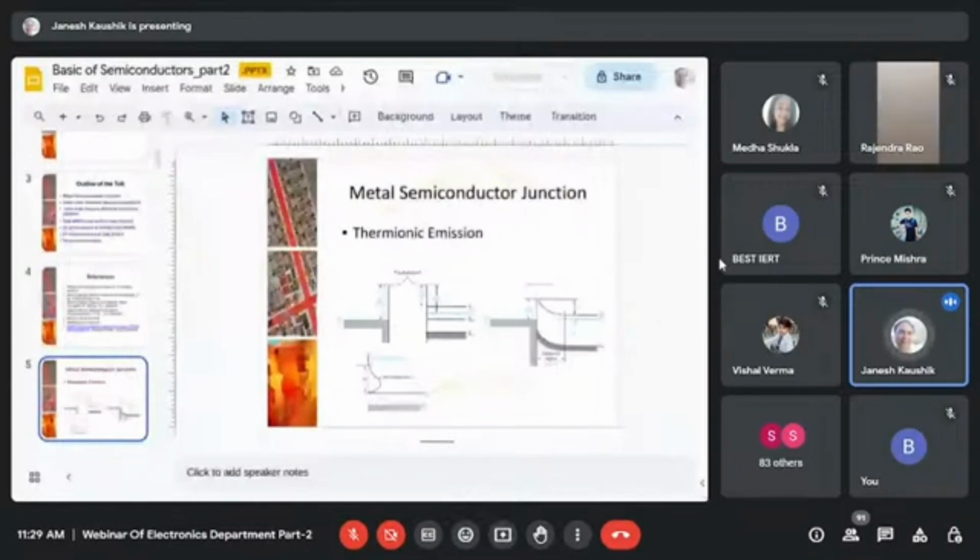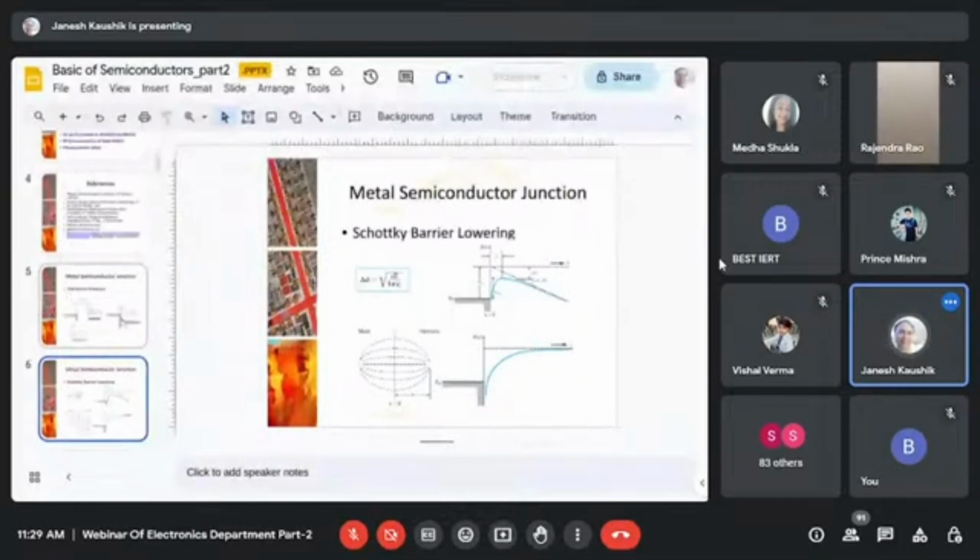When we see the Maxwell equations and their boundary conditions, we can calculate that an image charge is there on the metal side, and an electric field is generated that lowers the effective barrier at that metal semiconductor interface, and that is related to the dielectric constant of the semiconductor.